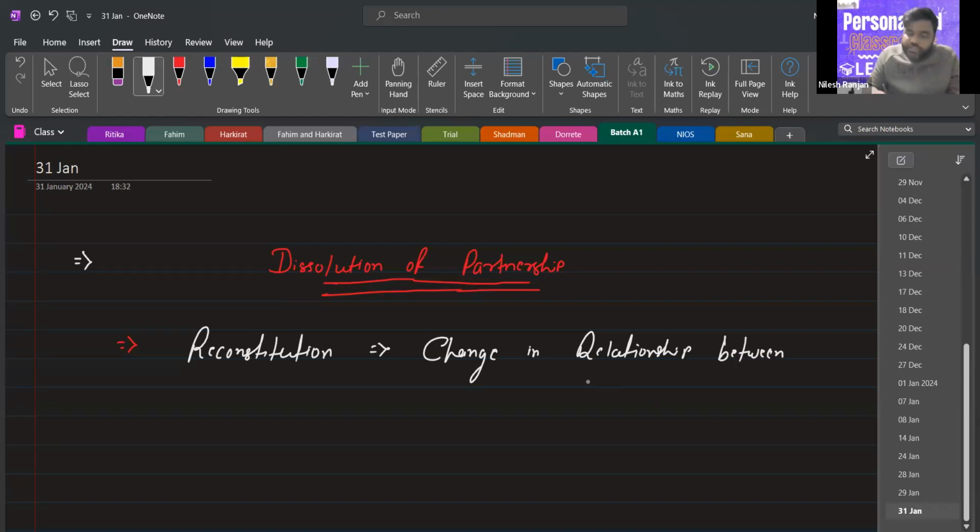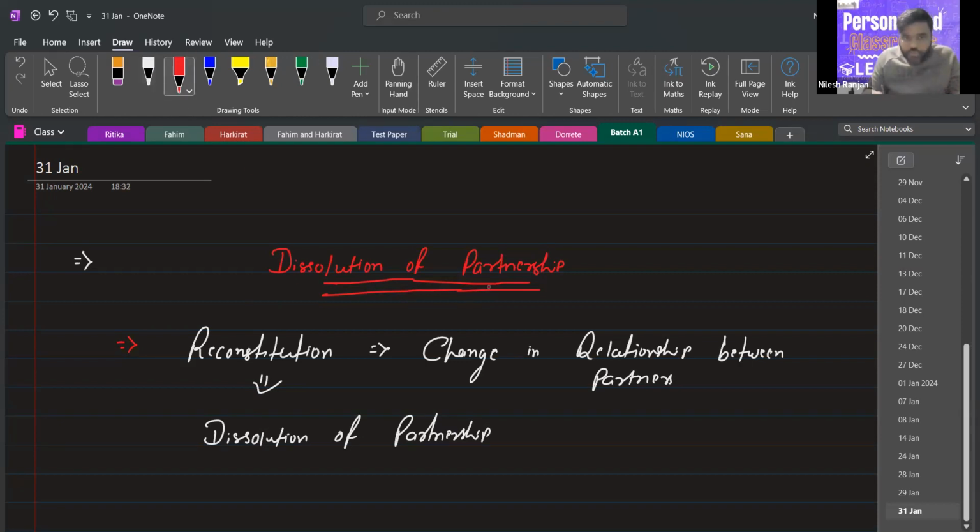So change in relationship between partners, reconstitution, is also called dissolution of partnership. But in this chapter, it is not dissolution of partnership, it is dissolution of partnership firm.